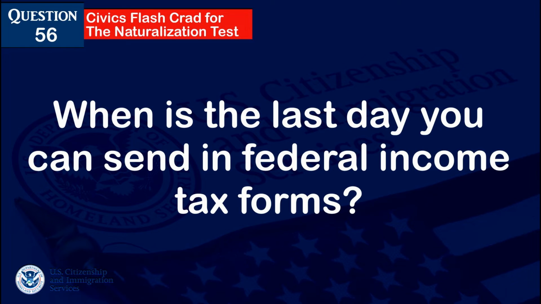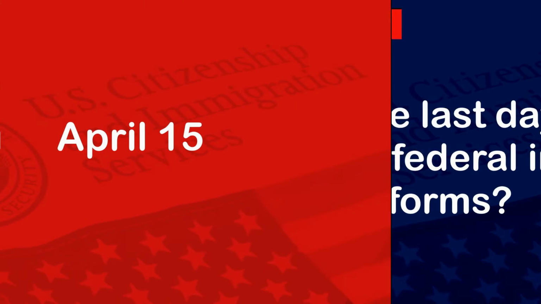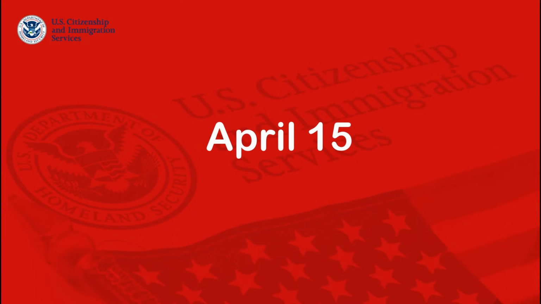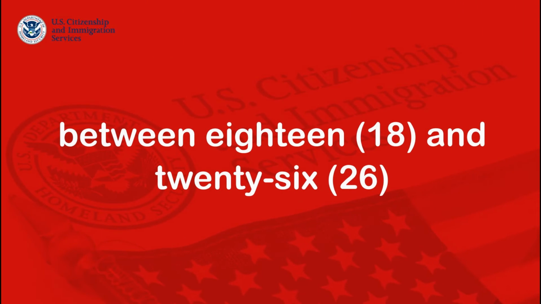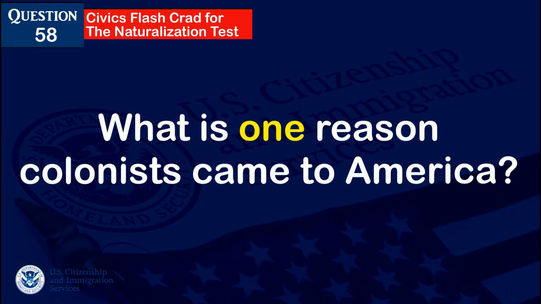When is the last day you can send in federal income tax forms? April 15th. When must all men register for the Selective Service? Between 18 and 26. What is one reason colonists came to America?